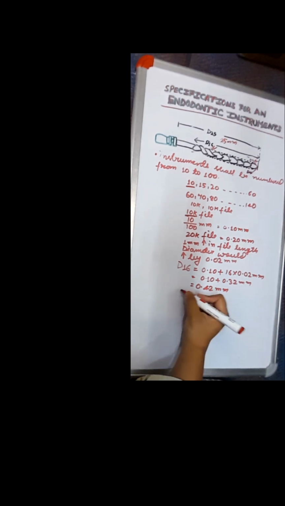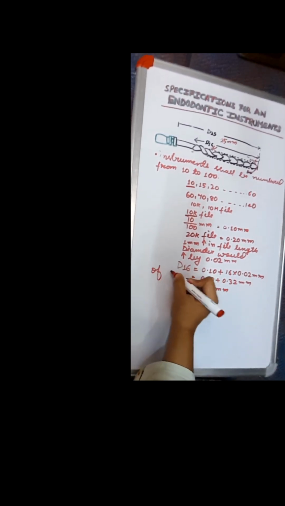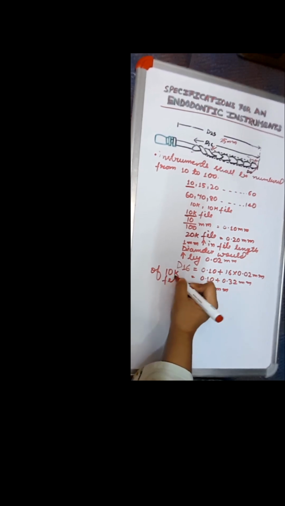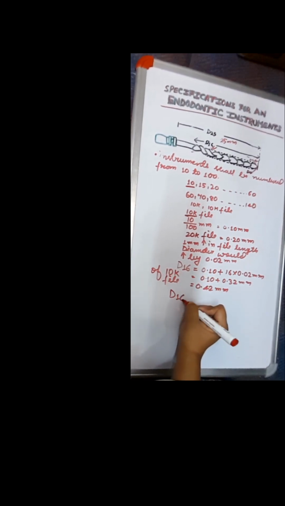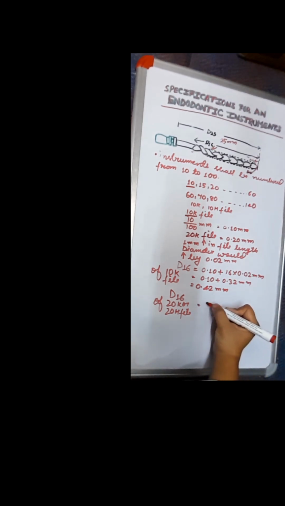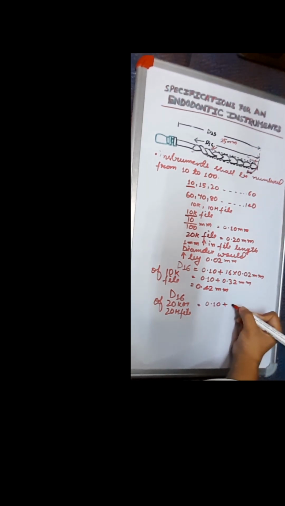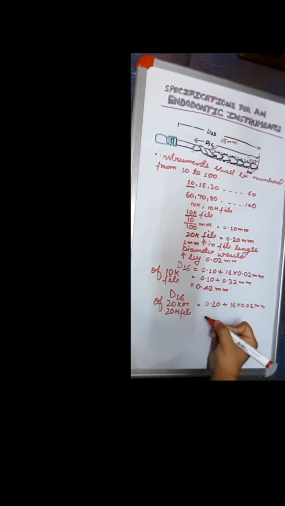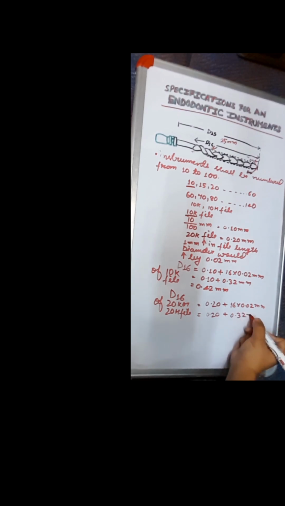Likewise, the D16 of a 10K file and the D16 of a 20K or 20H file would be 0.10 plus 16 into 0.02 millimeters, that would be around 0.52 millimeters.